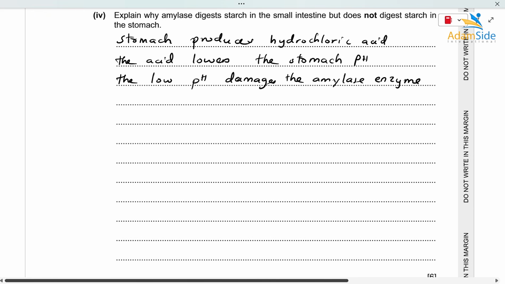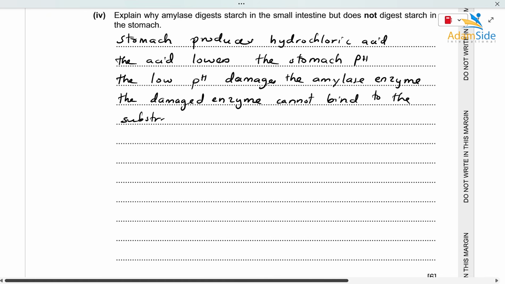All right, so once damaged, we say that the damaged enzyme cannot bind to the substrate.